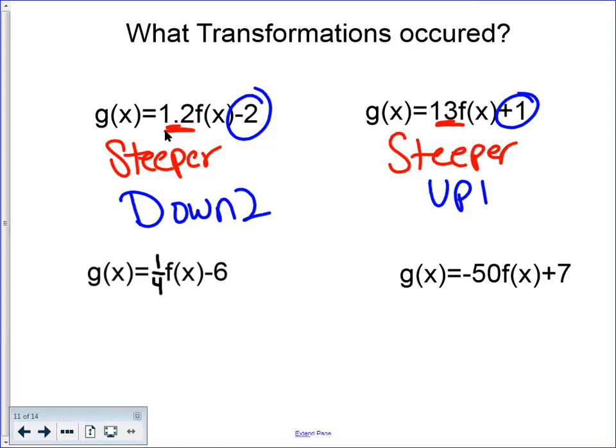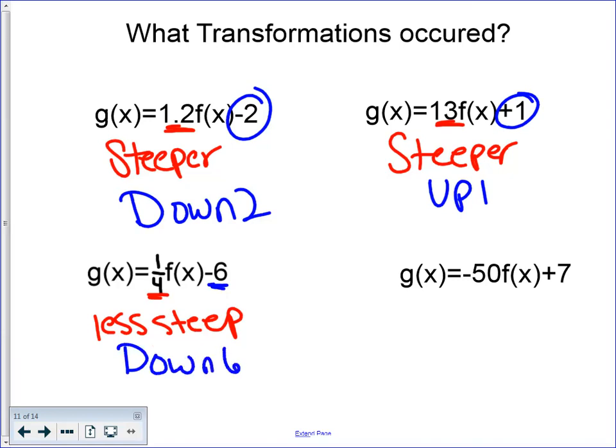All right, so on this first one, I have a slope here that's not 1, it's 1/4. That means I'm less steep. And this other one here, -6, it's subtracting 6, so that means it's going down 6. Next problem.